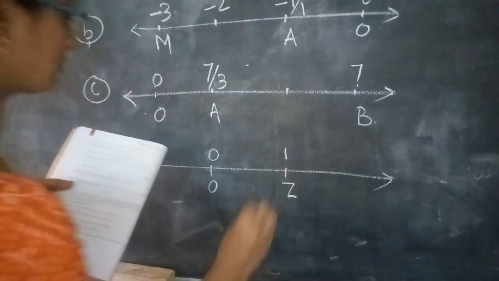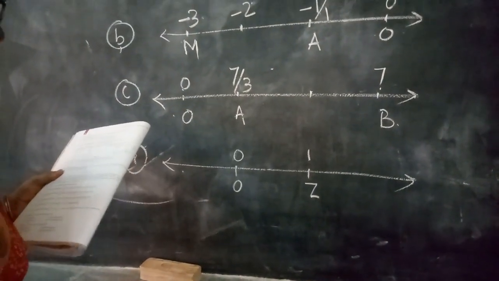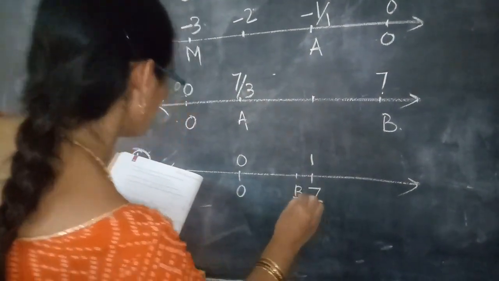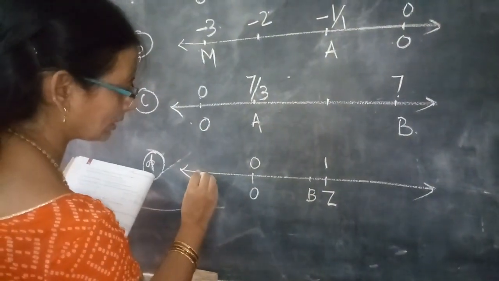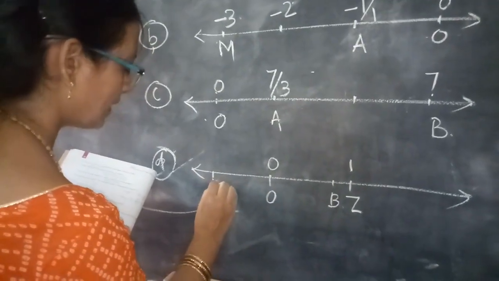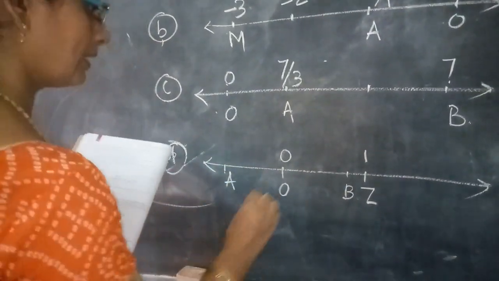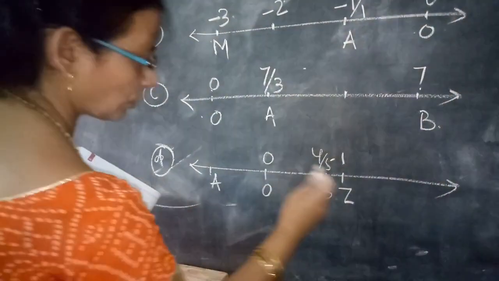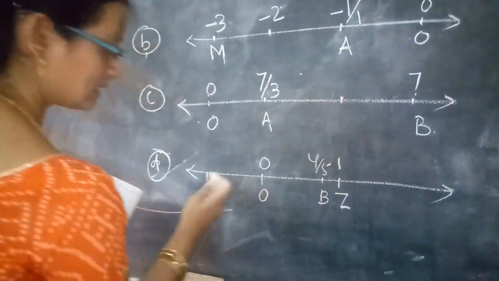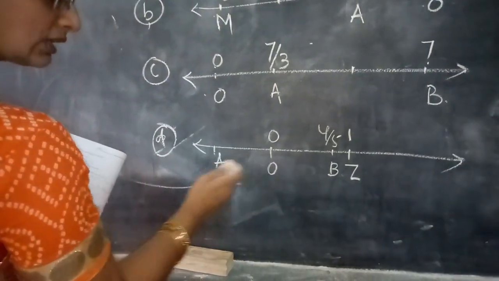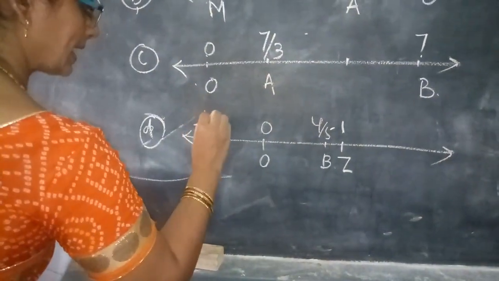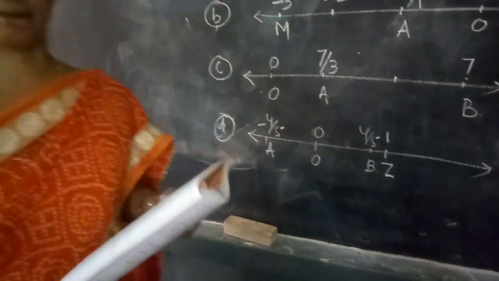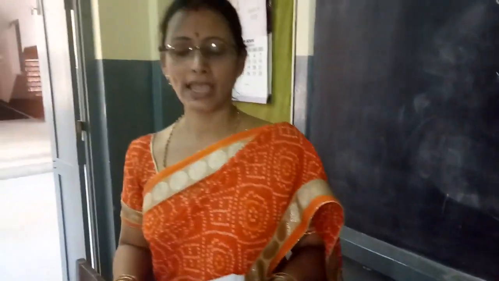B is a point on the right side, and A is the point equidistant from 0, and B is equal to 4 by 5. This is the positive side, the right side, and this is the negative side, equidistant from 0, so it can be written as minus 4 by 5. Thank you.